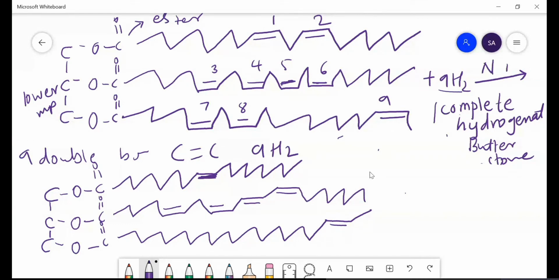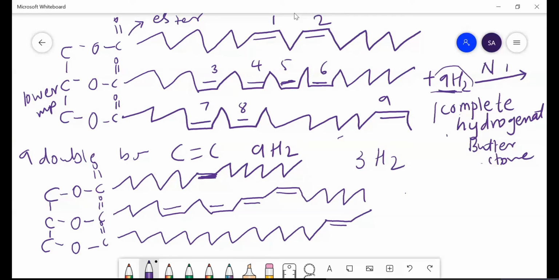I showed you in the previous example that all of these bonds were converted into a single bond, and this molecule was straightened, but then it was very solid, and it had a very high melting point. So what we need to modify is, instead of using 9 hydrogen, you just use 3 hydrogen molecules, so that you don't want all the bonds to get converted, and you just convert only these double bonds into single bonds.